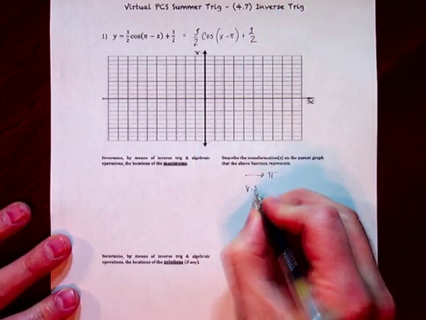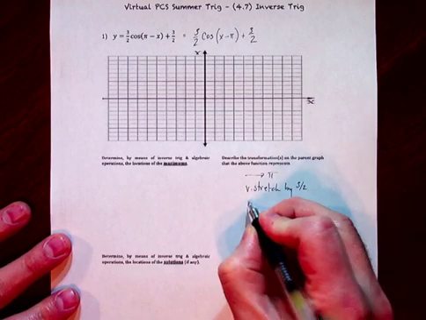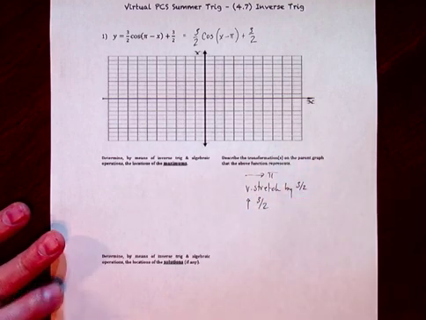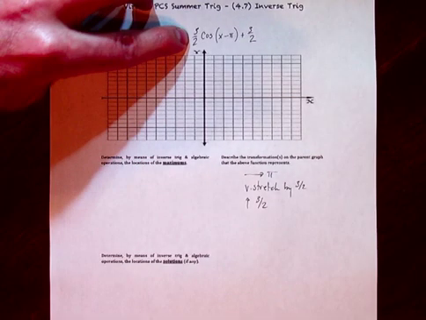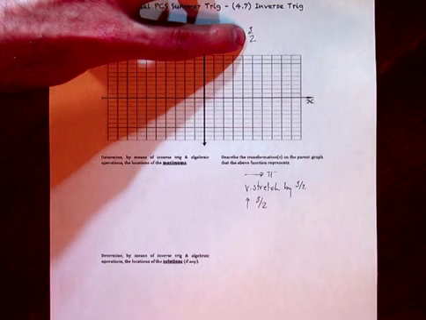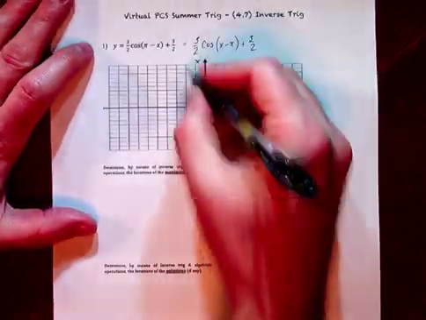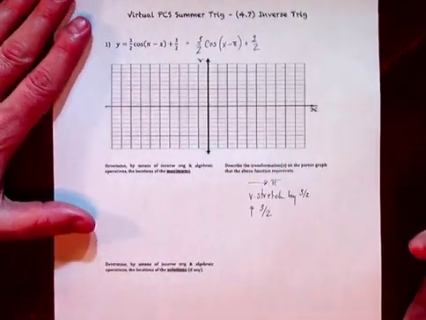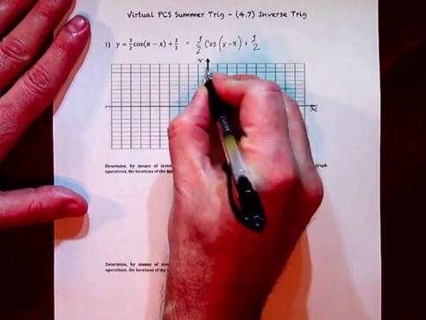I know that I'm going to vertically stretch by 1.5 or 3/2, and then I'm going to move up 3/2 units. Now that means that what was a function that oscillated between -1 and 1, when you stretch it, oscillates between 1.5 and -1.5, and then when everything moves up 1.5, it oscillates between 0 and 3. So I need to scale my y so that I don't have a problem there. Let's go ahead and scale it like that.